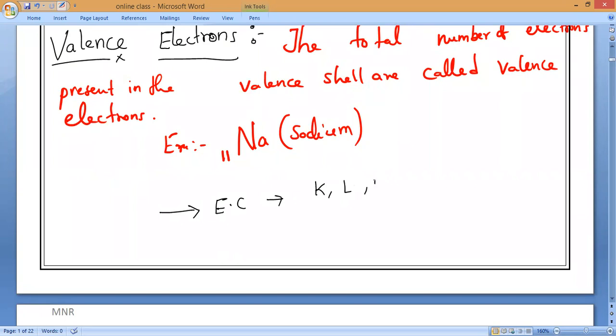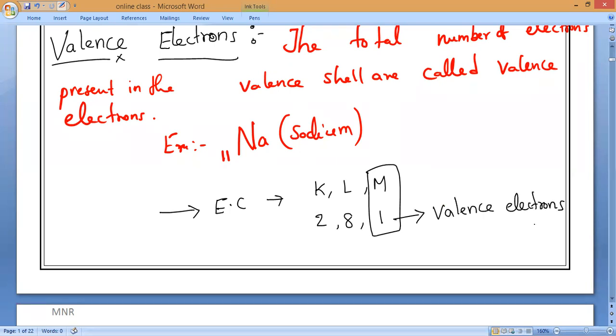K, L, M: 2, 8, 1. So what are the valence electrons? One. Valence electrons equals 1. Is it okay?